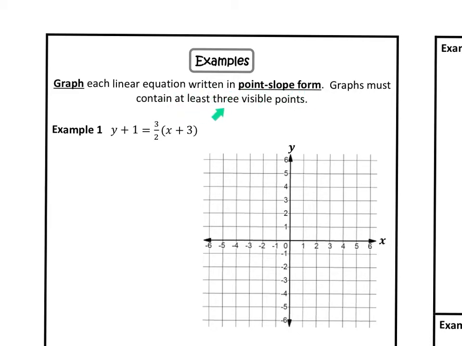Graphs must contain at least 3 visible points. And again, just remember, this is for graphing on paper.